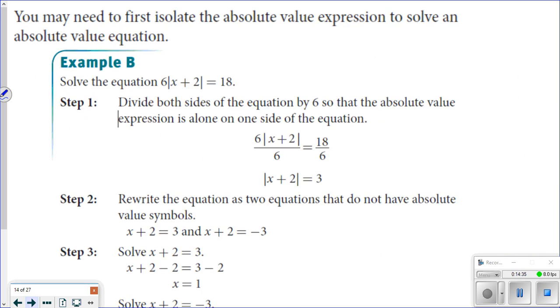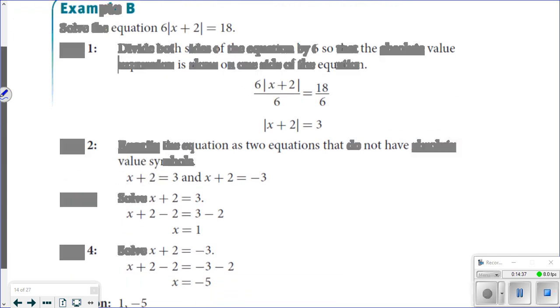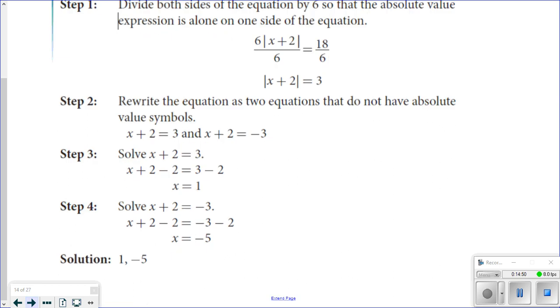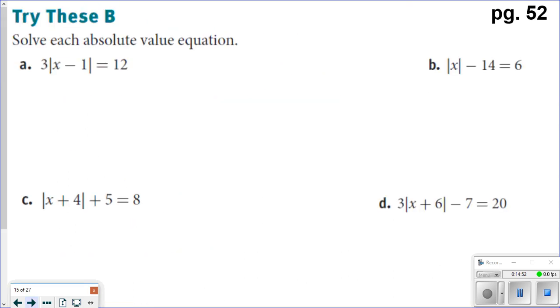You can walk yourself through example B, read step 1, step 2, etc. And it's similar to a question that we did on our note sheet. And then let's move on to the try these B. Solve each absolute value equation.